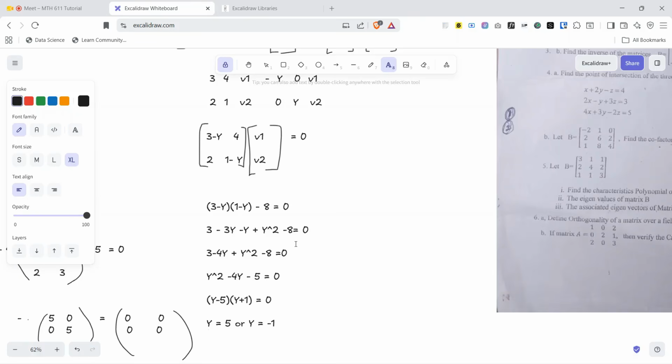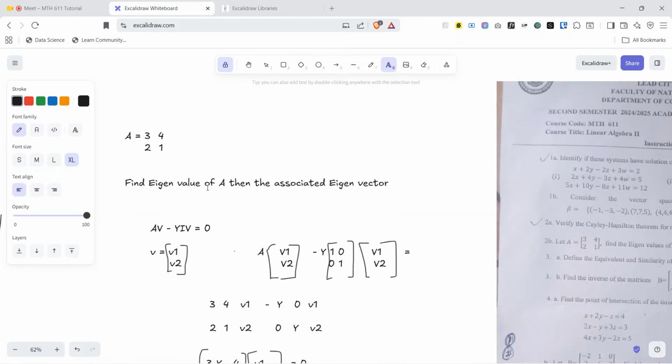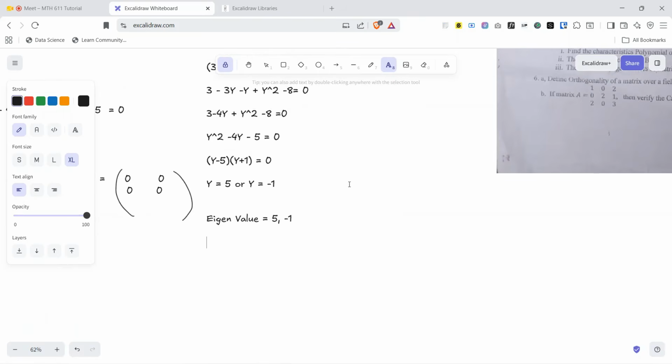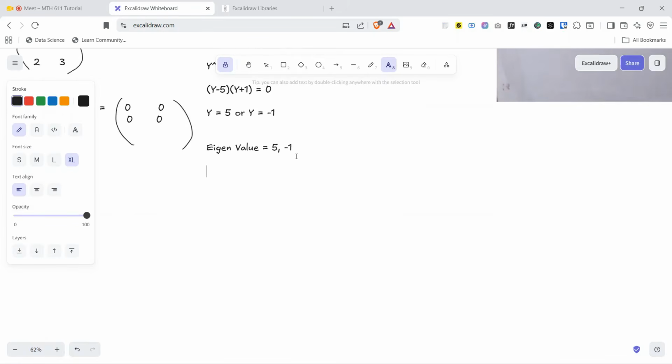So now that we've gotten lambda equals 5 or minus 1, our job is not done. Our eigenvalues are 5 and minus 1. Remember that there are two things we are looking for: the eigenvalue of A, then the associated eigenvector. To get the eigenvector, we go back to this and plug in lambda equals 5.